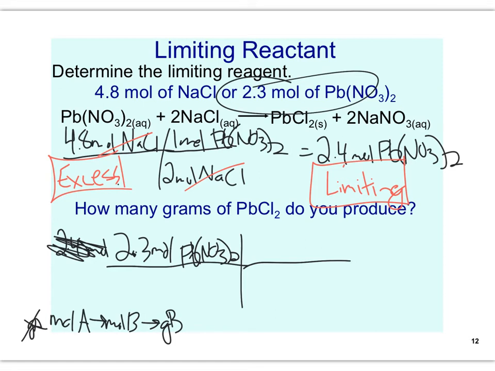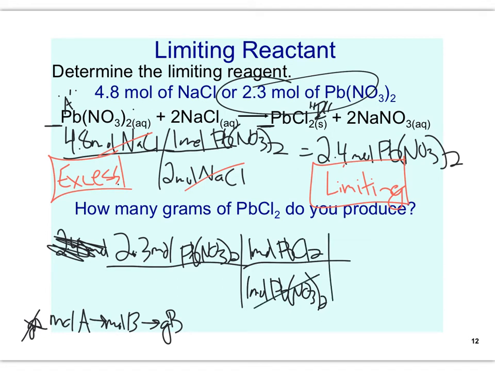And going back to our equation, we have A is our lead nitrate, and B in this case is actually going to be our lead(II) chloride, and that is just a 1-to-1 ratio. So I have 1 mole of lead(II) nitrate for every 1 mole of lead(II) chloride. Moles of Pb(NO3)2 cancel out.